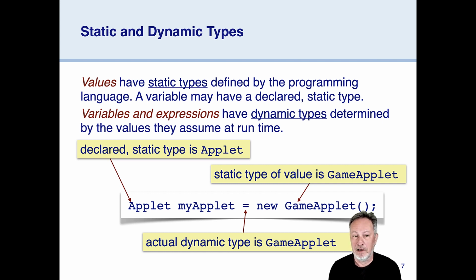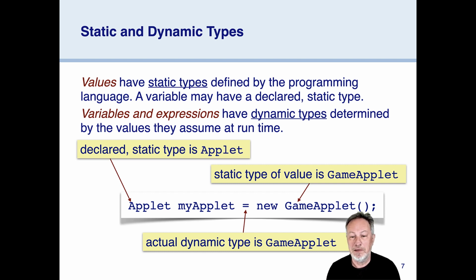That's the static type. Static simply means that we can determine the type by looking at the program text only, without executing the code. So looking at this code, we can see clearly that myapplet, this variable, has the static type Applet. Now, values also have runtime types.